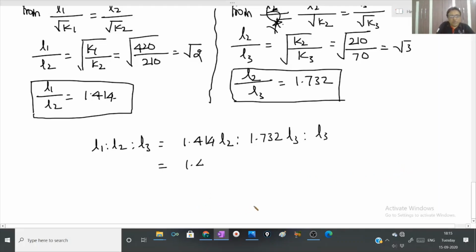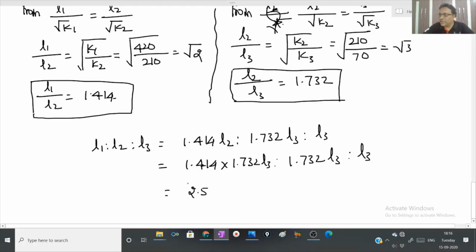So if I multiply 1.414 into 1.732, I will get 2.45.